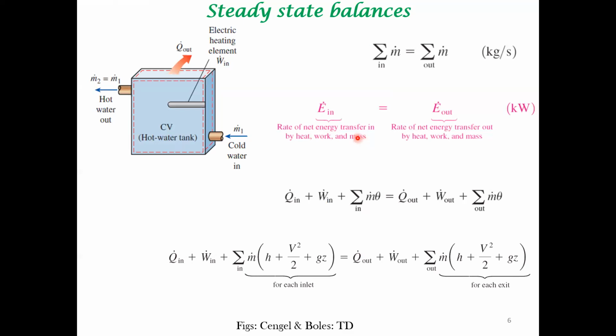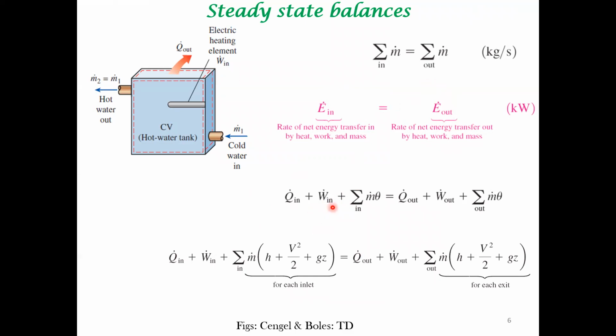For systems operating at steady state, the rate of energy transferred in by heat transfer, work transfer, and the mass flow into the system is equal to the rate of energy transferred out via these three means: heat, work, and mass flowing out of the system. So that's what we have implemented here.